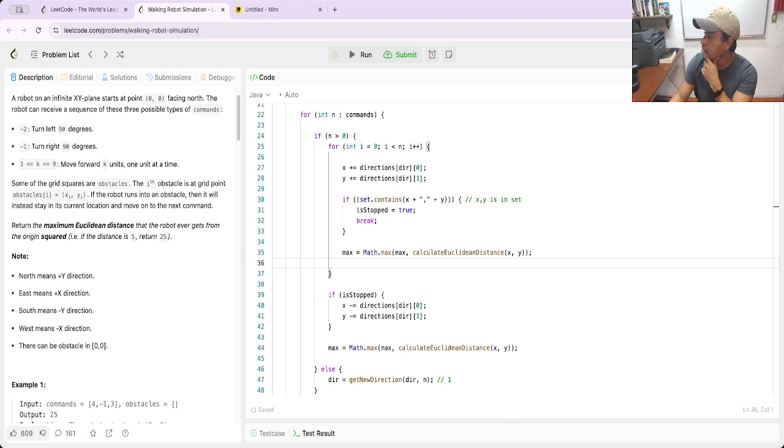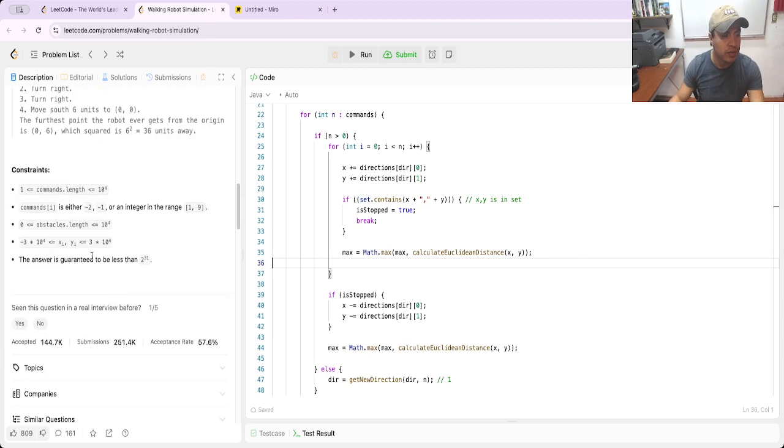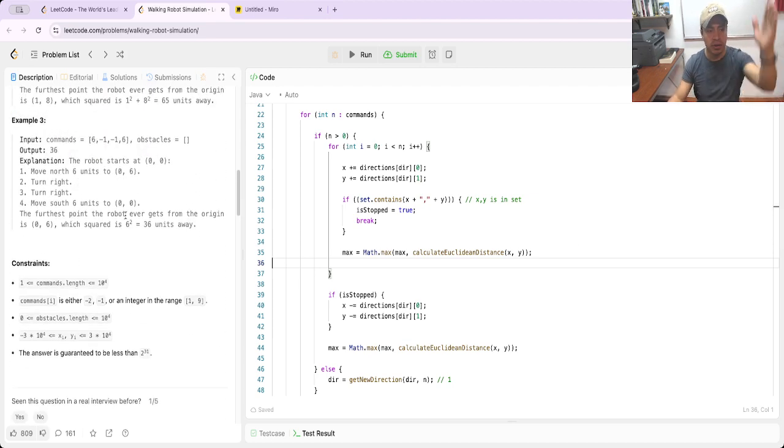The robot can be deployed and the final destination won't be. Yeah, I know, because for example, in this case, the robot walk to the north and come back.